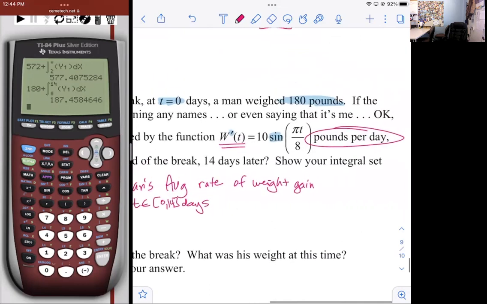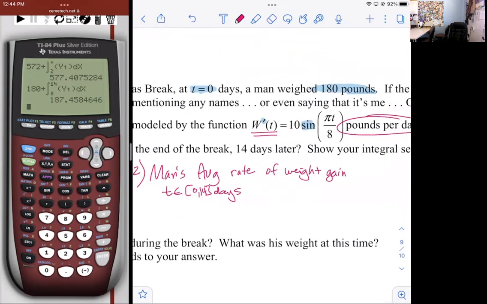So here, I'm not trying to find the average rate of change of W prime. That would be like the average acceleration of his weight. I want to figure out the average Y value of W prime. Is that the integral over the width or the difference quotient? Difference quotient. No. Difference quotient is average rate of change.